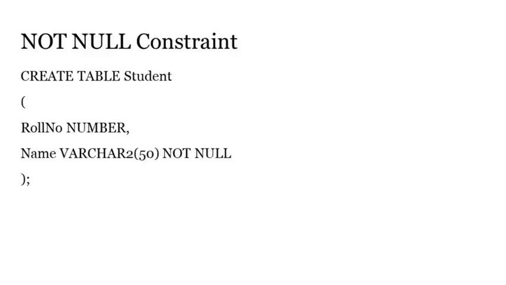This type of constraint ensures that a column cannot contain null values. So let us consider the example of student database. Here, every student must have a name and it cannot be null. So let us create the table student.